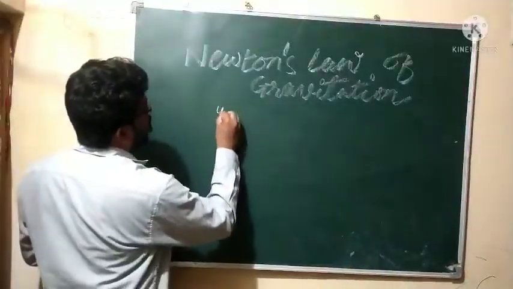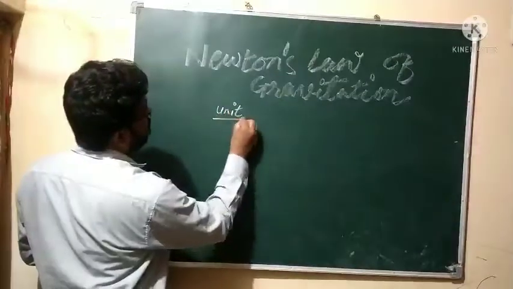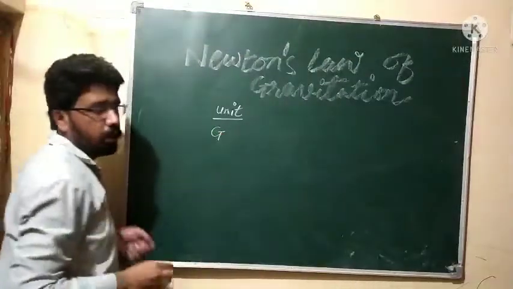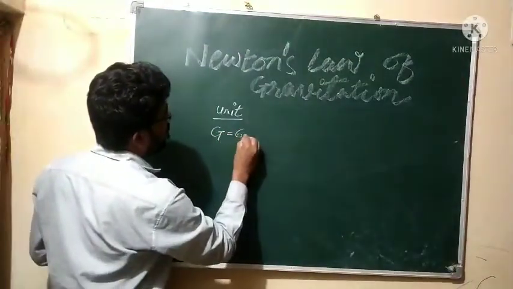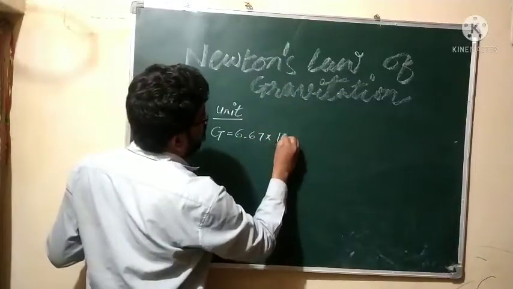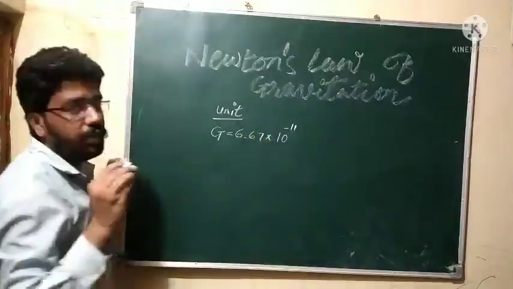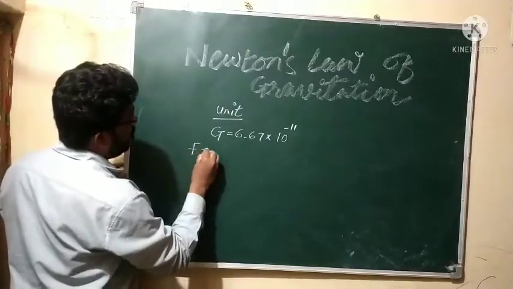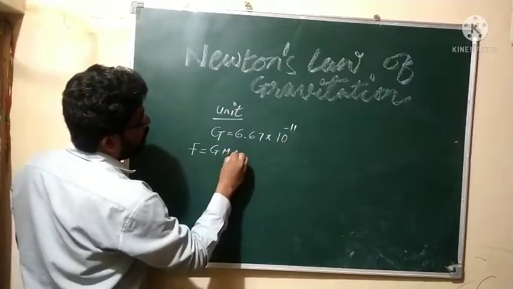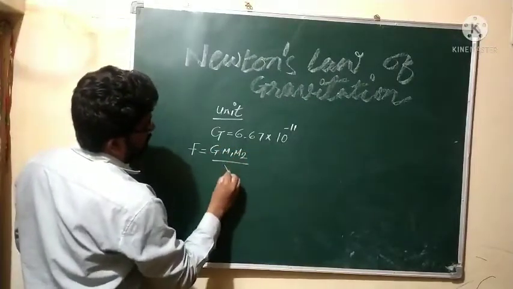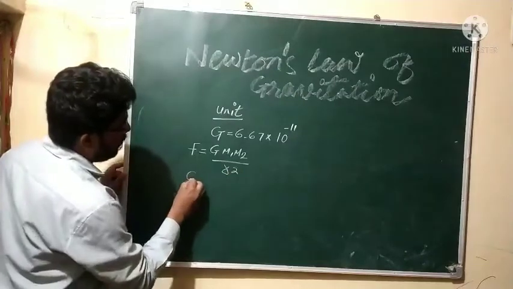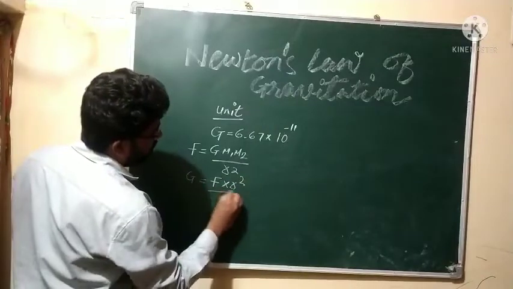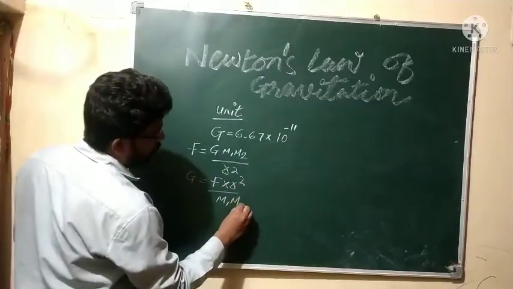So first of all, we will derive the unit. We know the gravitational constant G is equal to 6.67 into 10 to the power minus 11, and we know that in Newton's law of gravitation, force F is equal to G m1 into m2 divided by r square. So we can write G equals F into r square divided by m1 into m2.